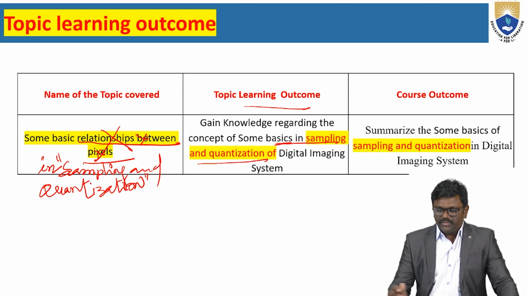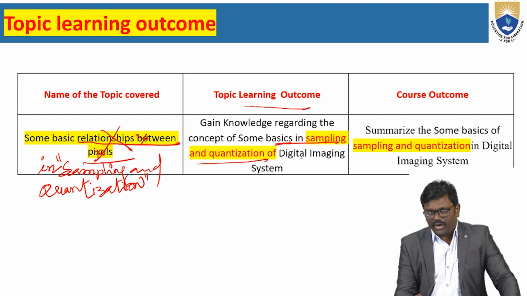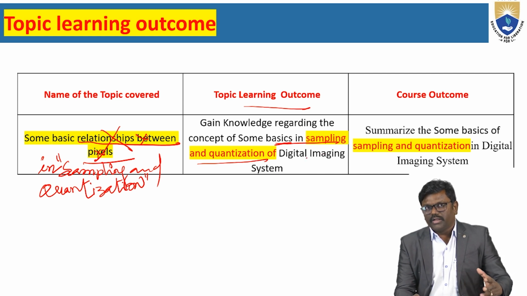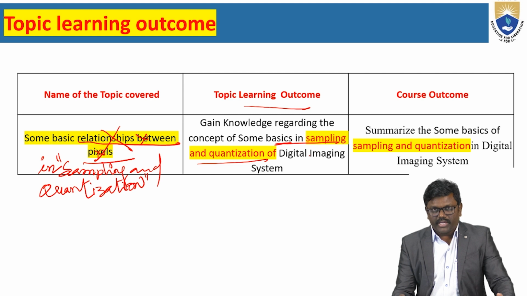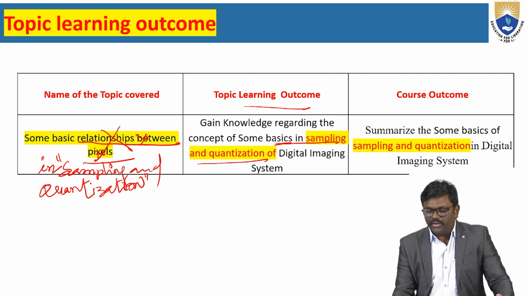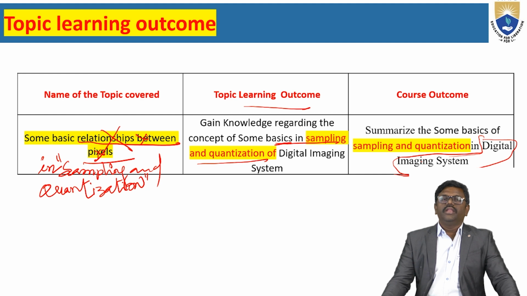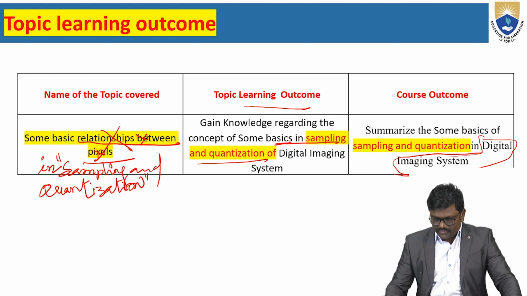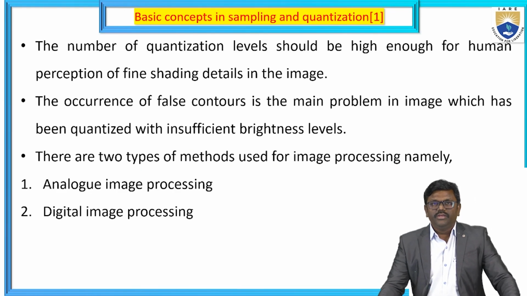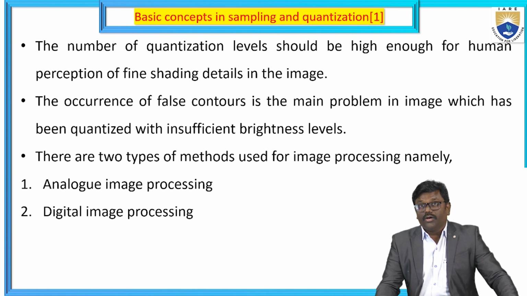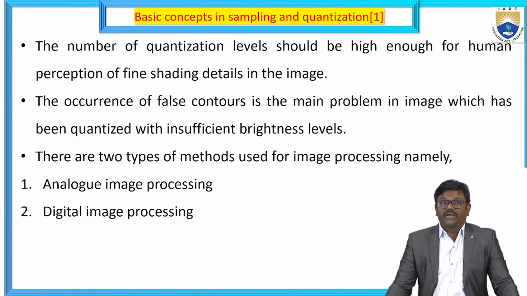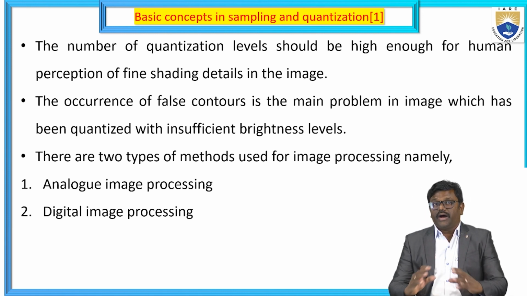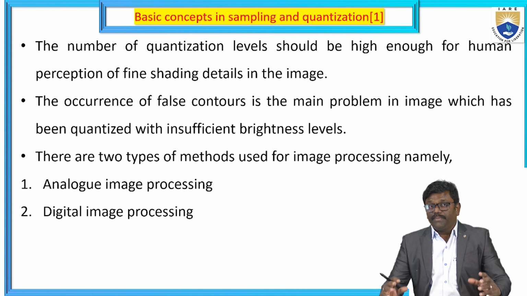Once you have the knowledge, we check how we can use it towards developing a digital imaging system. This digital imaging system is going to be developed with the help of today's concept, this complete knowledge.